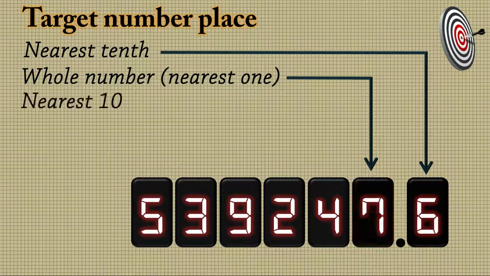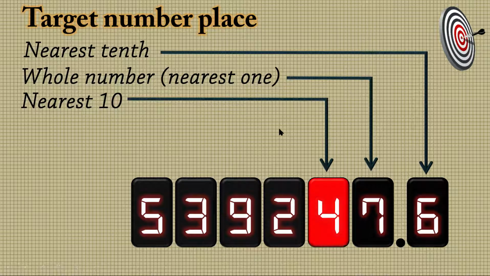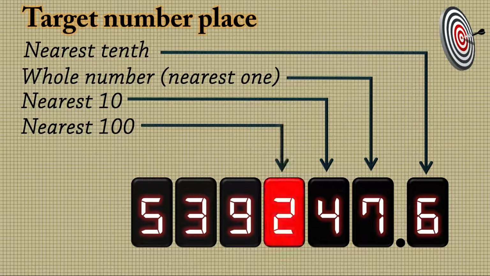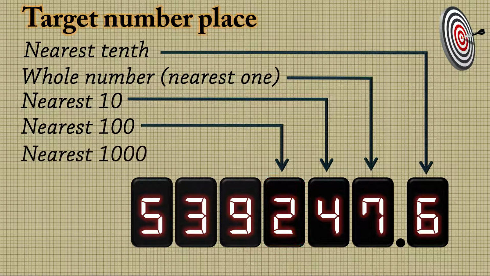If it is done to the nearest 10, you will concentrate on the number place of tens. And when it is done to the nearest 100, you will concentrate on the number place of hundreds. Likewise, if it is done to the nearest 1000, you will concentrate on the number place of thousands.